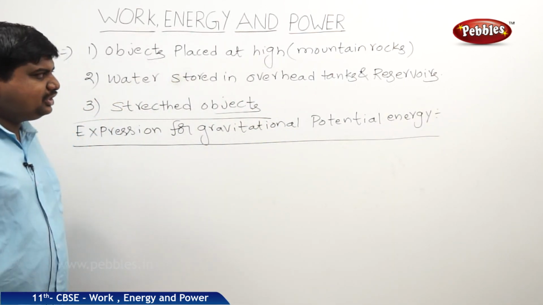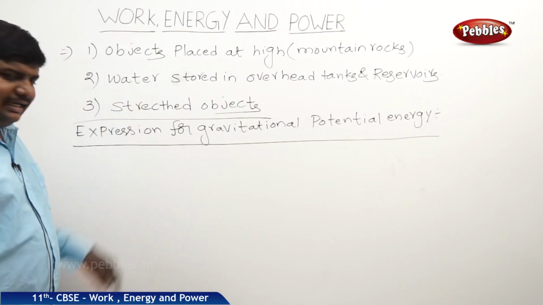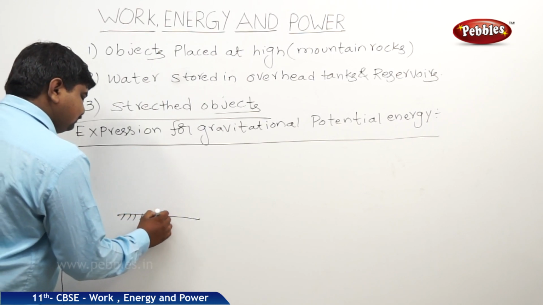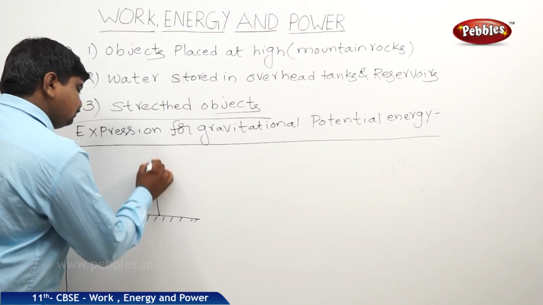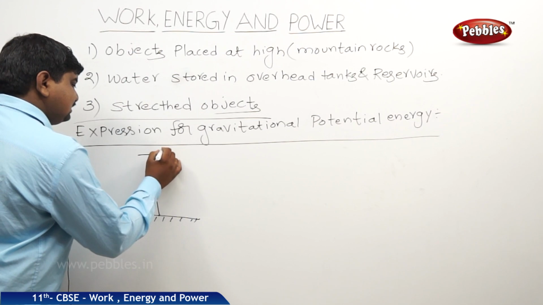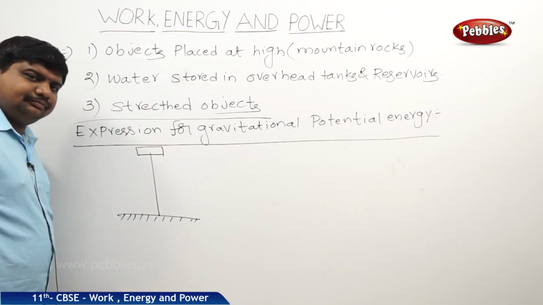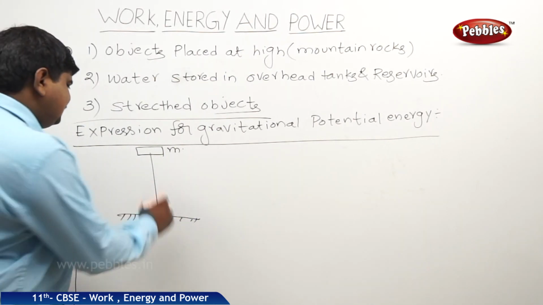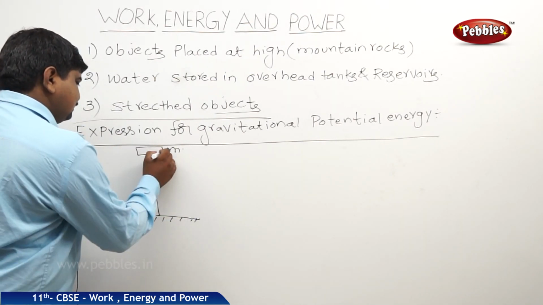For this purpose, we should take an object which is at a height from the earth. This is the earth's surface. The body is at a height. This body has some mass m. Let us consider the body is freely falling.